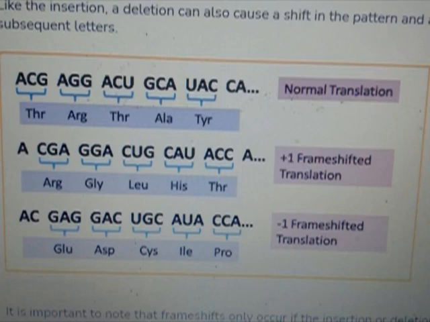Now, I will talk to you about mutation at the level of the gene. Whatever type of mutation occurs in the DNA molecule will probably have effect if it occurs in the coding region of the gene. These could have several consequences, which could result in silent mutation, missense mutation, nonsense mutation, and frame shift mutation.